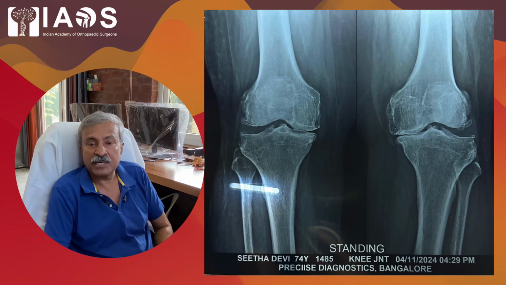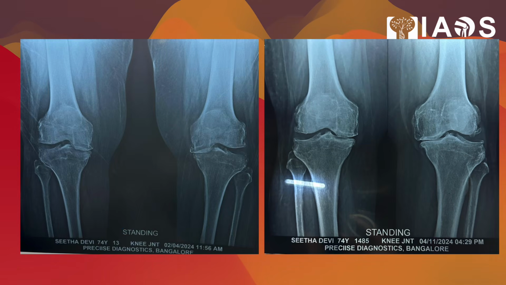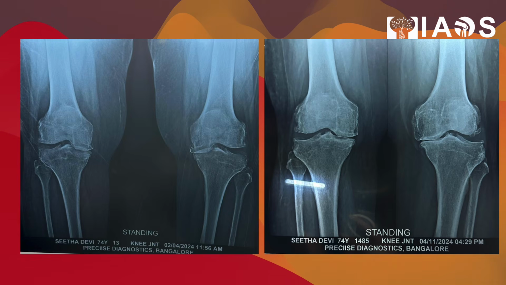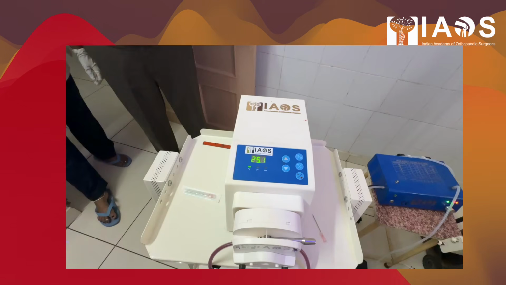I am putting the 2 X-rays together for you: 2nd of April and 4th of November. From April to November, you can see the difference. No biologicals, no PRPs, only hydrozone, EBOO and nutraceuticals.